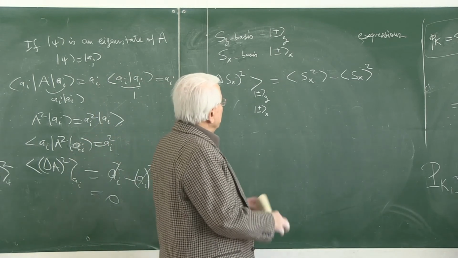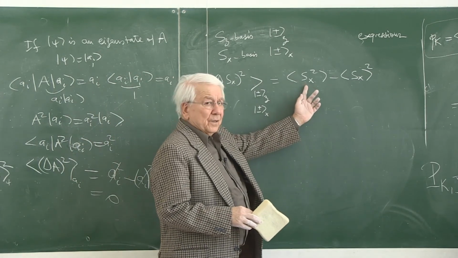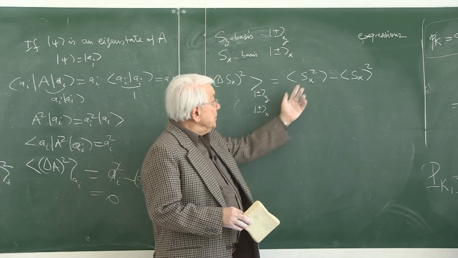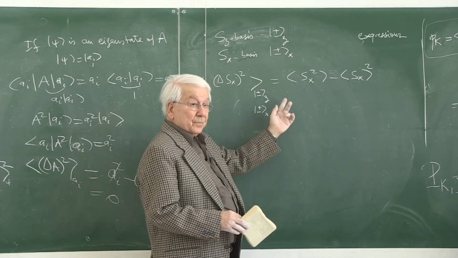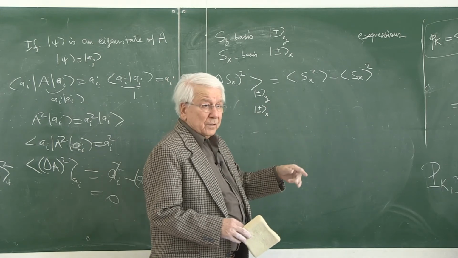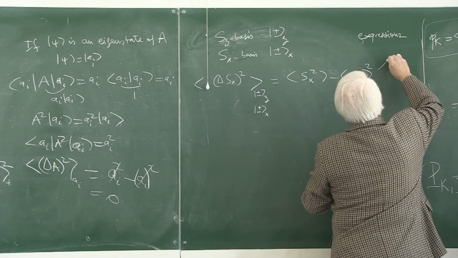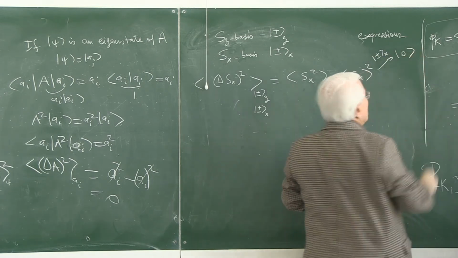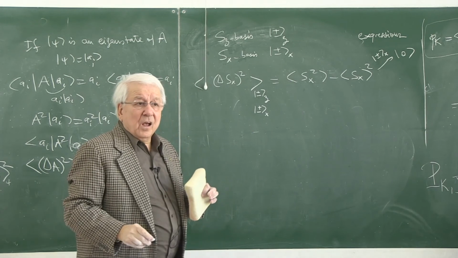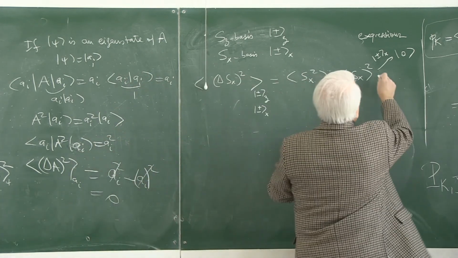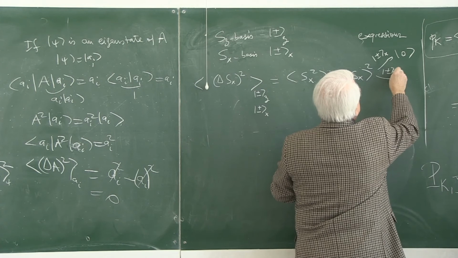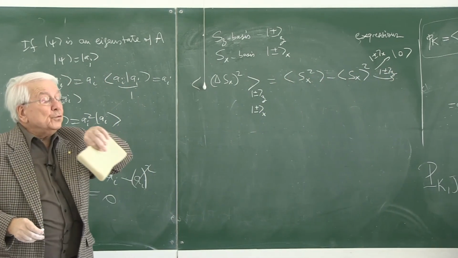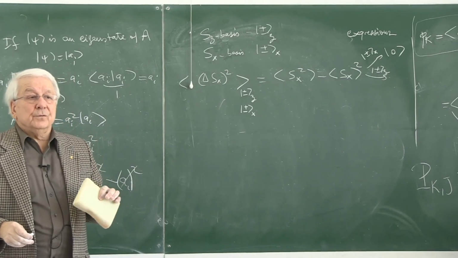If I am computing this in the X basis, that is, its own eigenvectors, plus minus X, I will get 0, right? In this basis, you get 0 because they are eigenstates of the Sx. But if you compute it in the plus minus Z basis, what you get? You have to compute that explicitly. Let's do that after the break, and then we will continue.